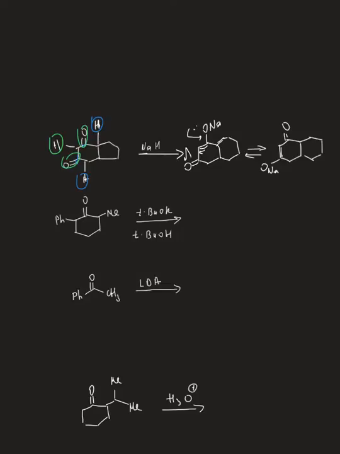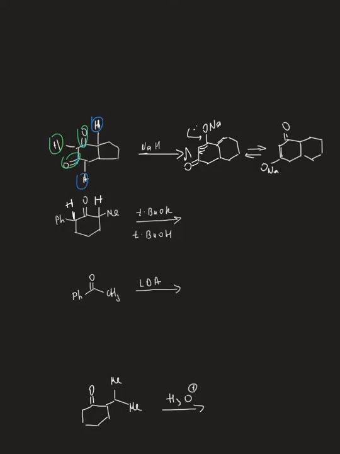All right, in the second conditions, we again have two different hydrogens that we can pull off using the tert-butoxide base. The first one is here, and there is another one over here. Now, which one will we pull? In the last lecture we talked about kinetic and thermodynamic enolates.